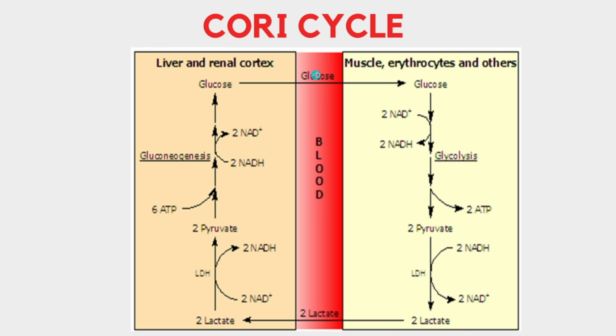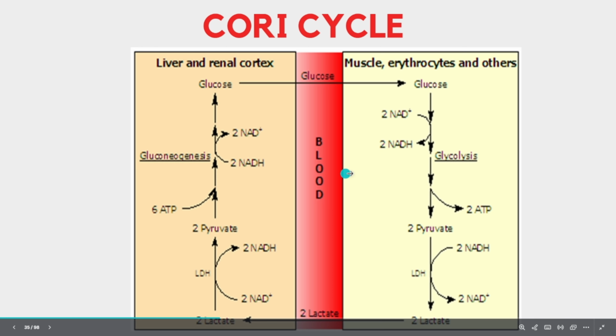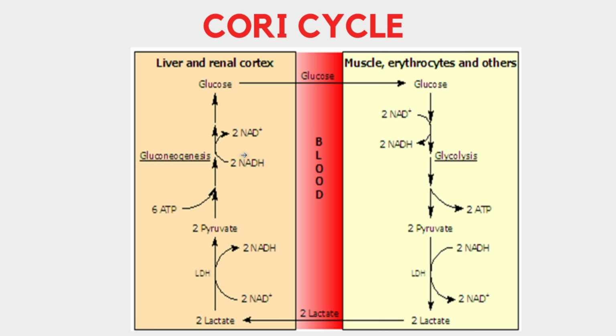The muscle and the liver are in different locations, and the blood is like a highway, a transport. Transporting lactate from the muscle to the liver requires time. If you do the massage, you push the blood flow more quickly, so it reaches the liver more quickly.